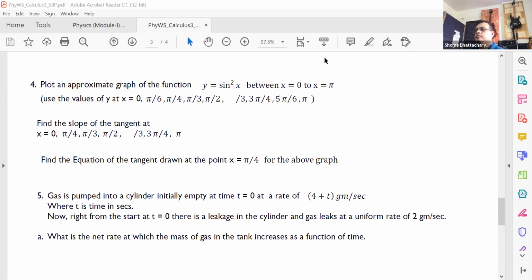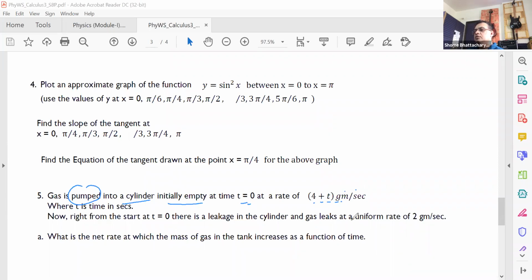So let's understand the wording of the question first. So we have a cylinder which is initially empty at time t equal to 0, but we are pumping in gas at the variable rate like this, and this is given in gram per second.